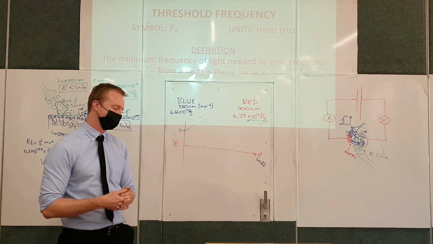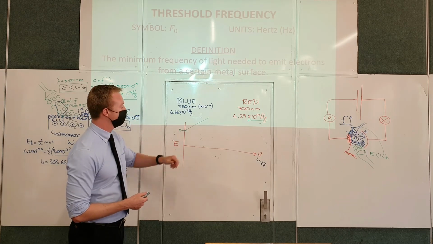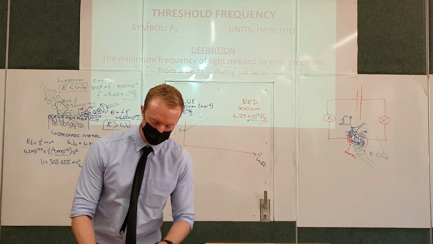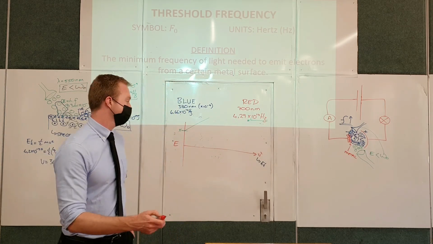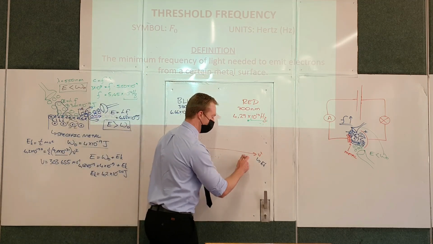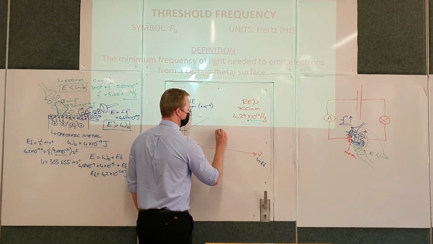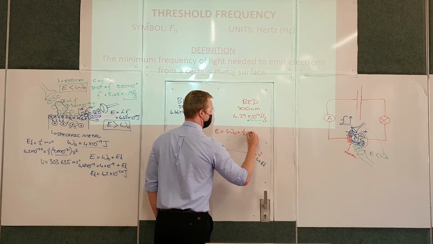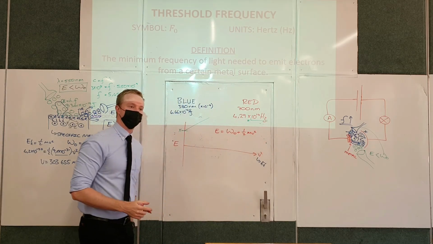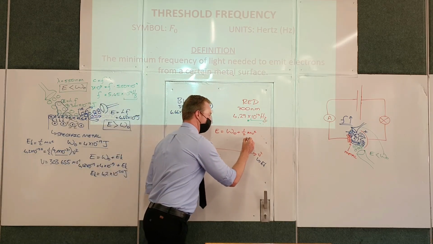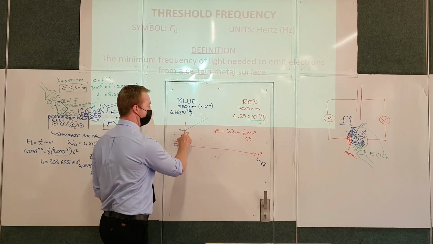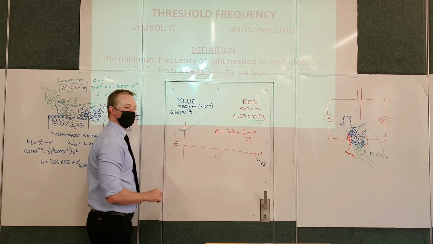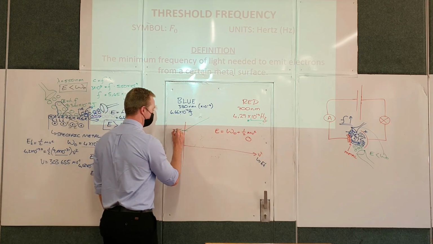So what this graph over here allows us to do is it allows us to firstly see when the velocity is 0, and we're again going back to this formula, E is equal to our work function plus 1/2 mv squared, which is our kinetic energy. So when the velocity is 0, this energy over here is going to be exactly equal to the work function.